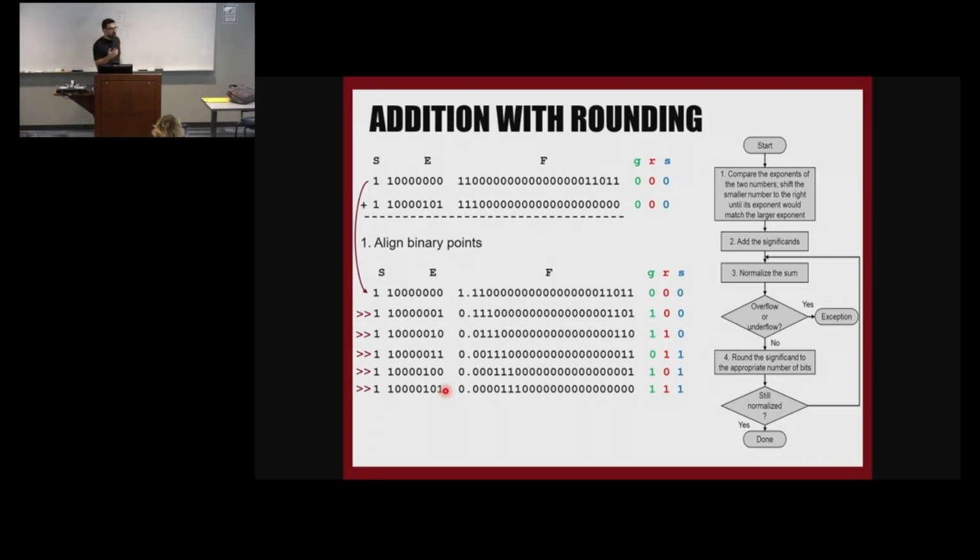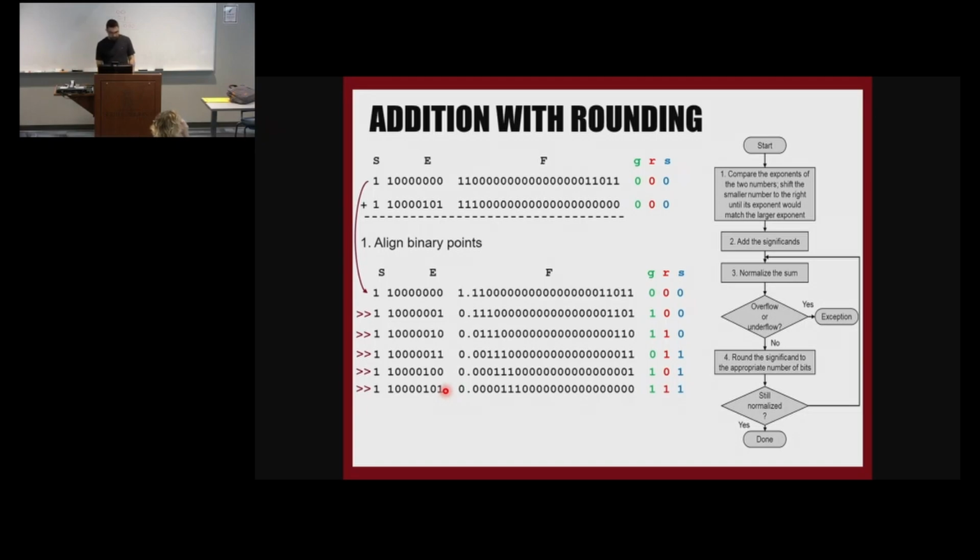But even if I lose one single 1 in the process of shifting right, then to represent that 1, I keep sticky as bit 1. Okay? This sticky bit is representing all the ones that we lose in the process of shifting right.